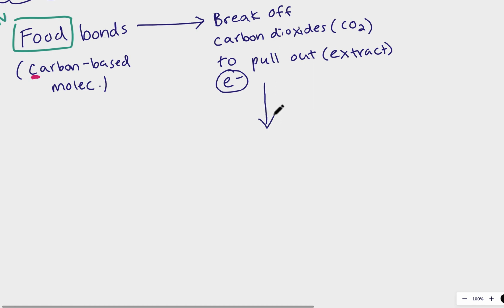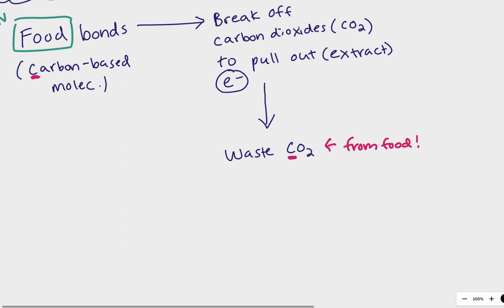And from that process, or the processes that do that, we end up with waste CO2. And you'll note there's the carbon. So that actually comes from food. A lot of people think the gas comes from oxygen, but this carbon dioxide gas comes from the food you eat after you break it down.